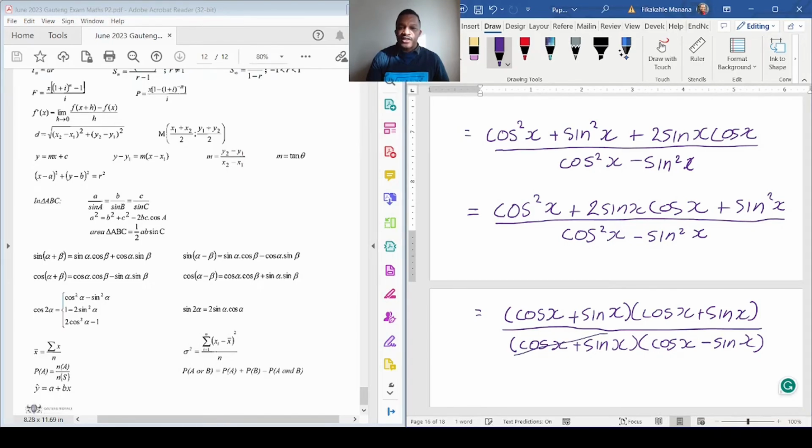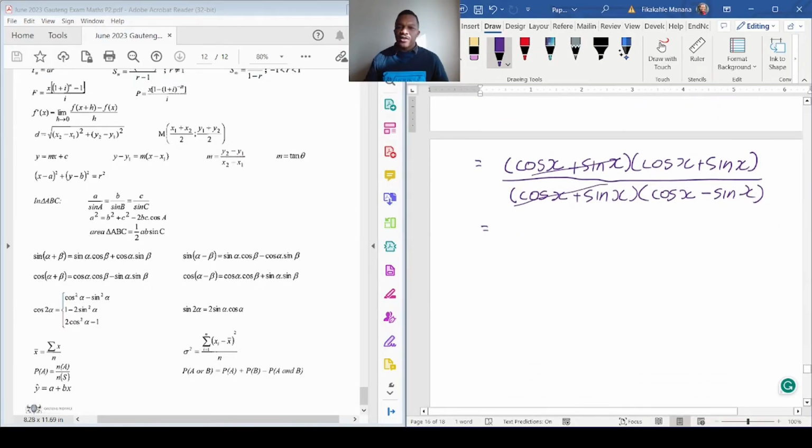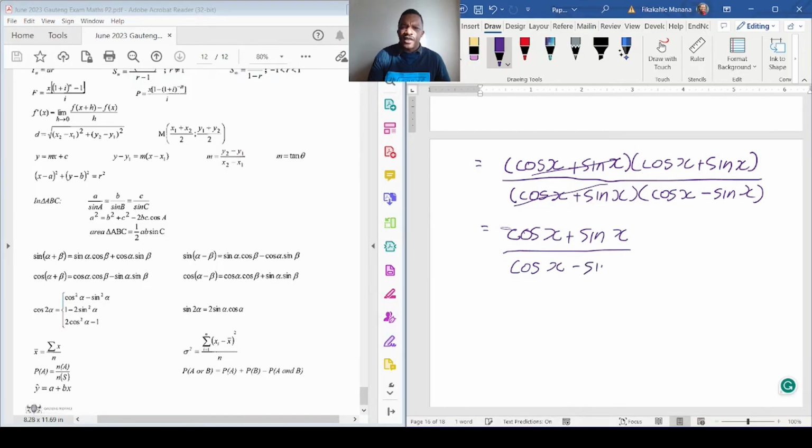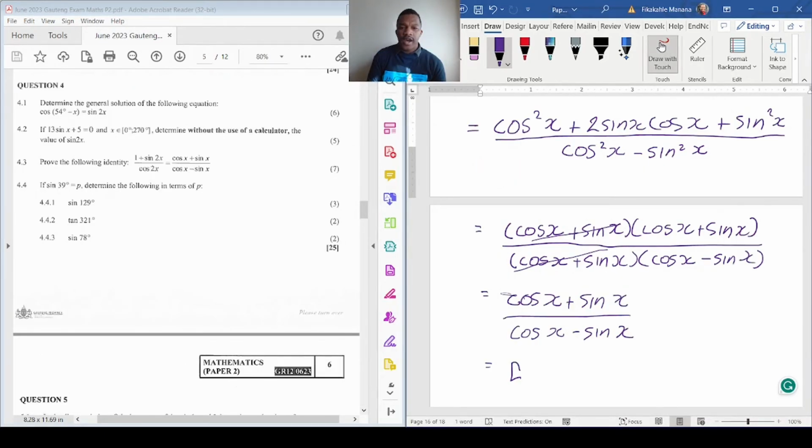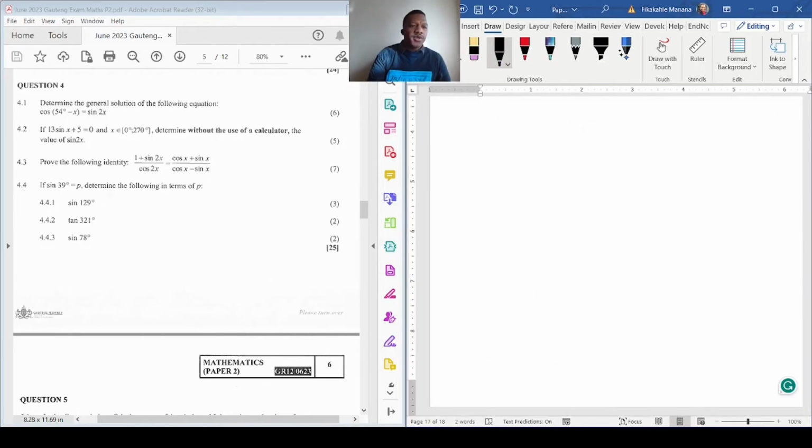That is going to cancel that, and I'm left with cos x plus sine x divided by cos x minus sine x, which equals the right hand side. So let's change this to right hand side. That's it.